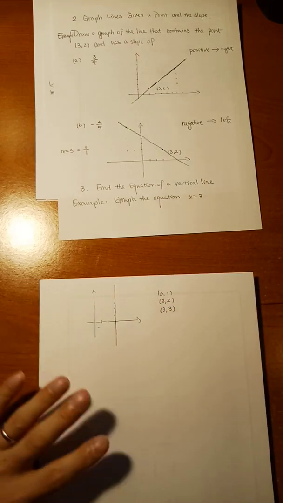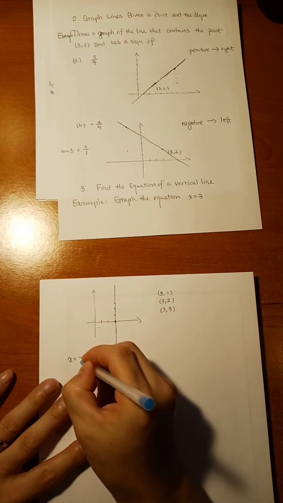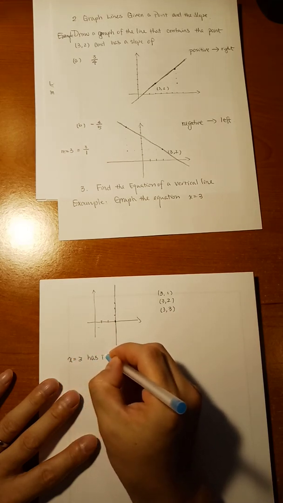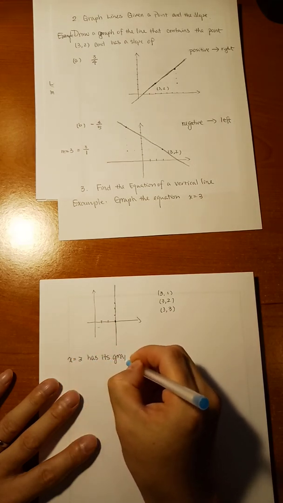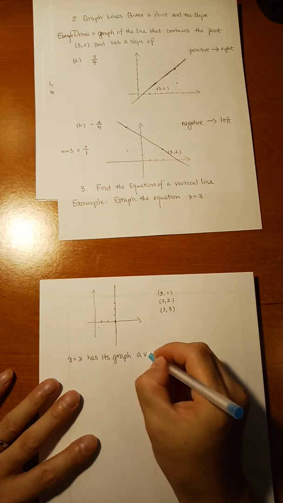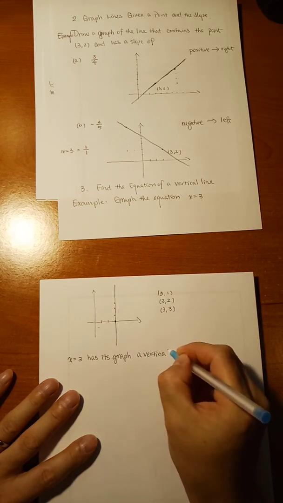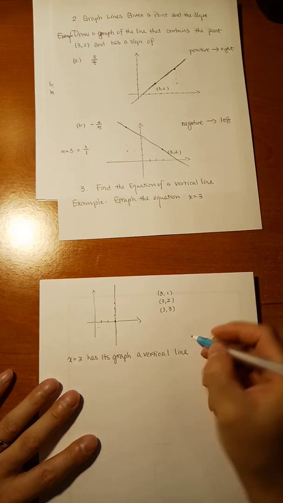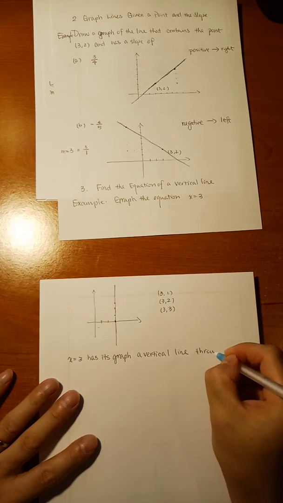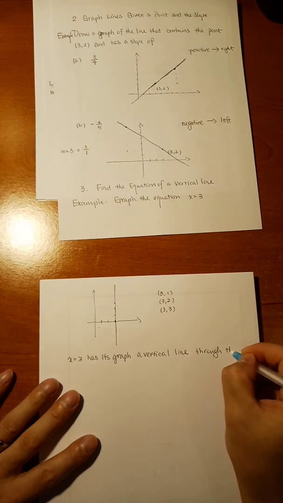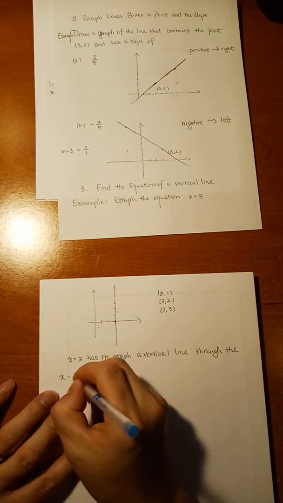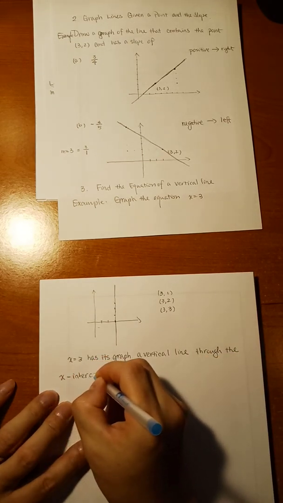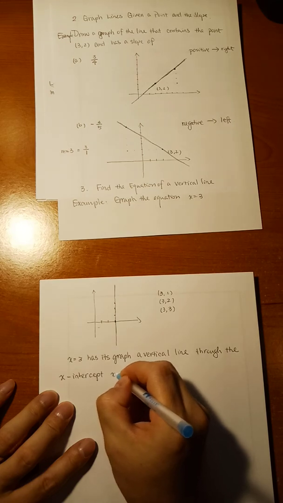So x equal to 3 has its graph a vertical line through the x-intercept x equal to 3.